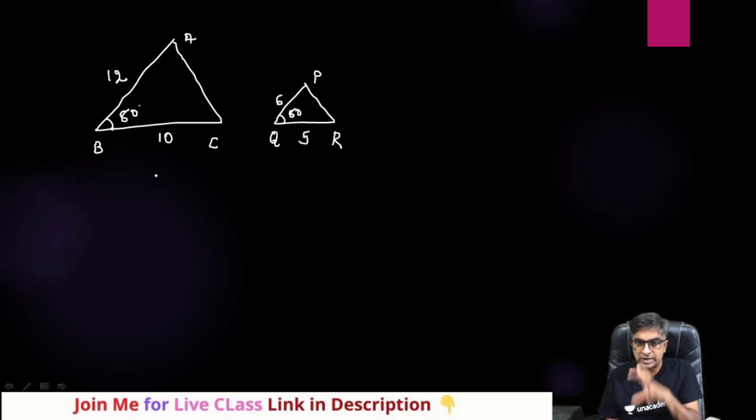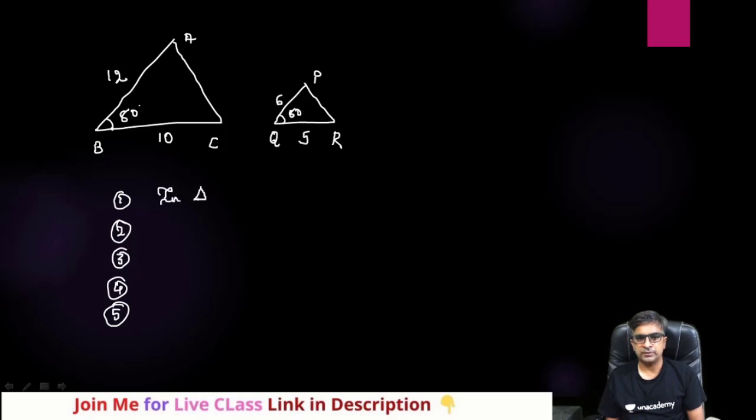So how to write? You can write this in 5 steps, but in angle similarity in 4 steps. In all others you can write this in 5 steps. How? First step is always selection of triangles: in triangle ABC and triangle PQR.